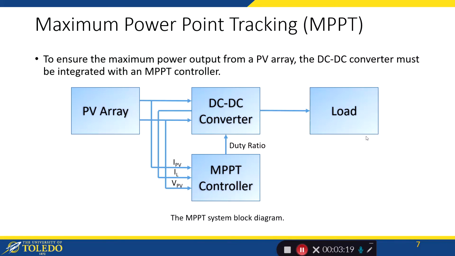The MPPT controller is in a closed loop system here, where it is getting feedback from the PV array and the DC to DC converter in terms of PV current, PV voltage, and the inductor current from the DC to DC converter, and is controlling the converter by providing it with a duty ratio which corresponds to the maximum power point.